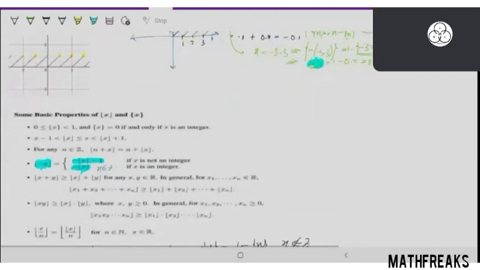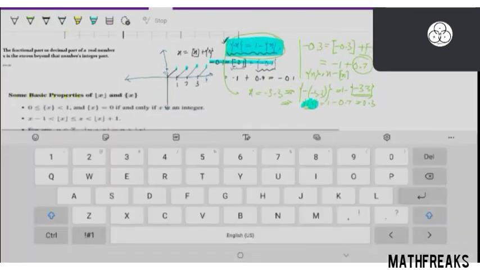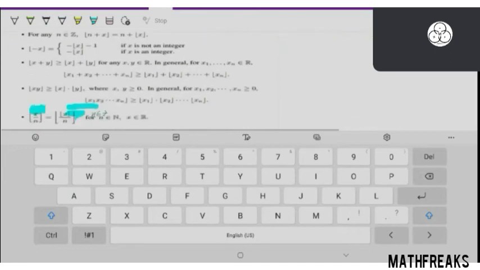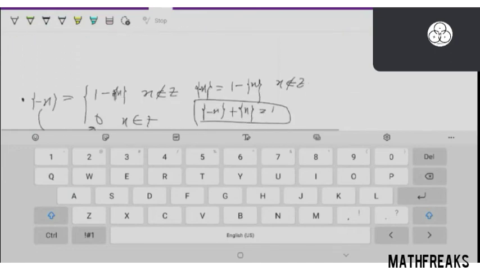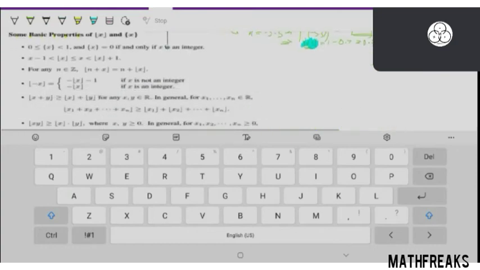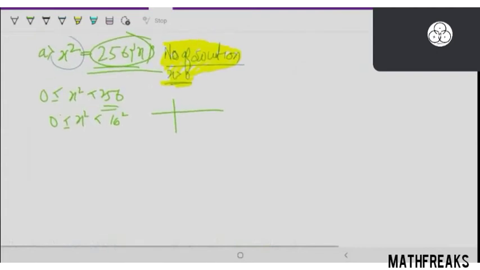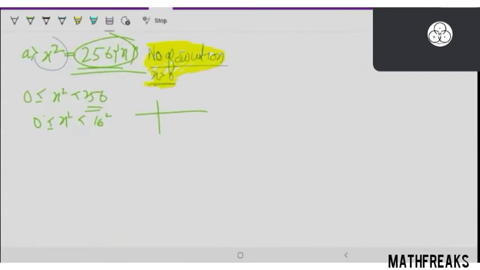I can't bring it here, so I need to draw the graph.